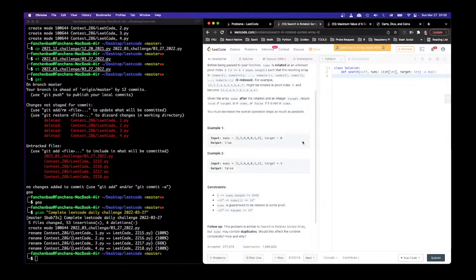How do we binary search? We want to find out where the pivot is. Not necessarily find out the pivot, but we find a middle, right? And the middle we compare to the left and right. If it's larger than the left, then it belongs to the left hand side. Smaller than the right belongs to the right hand side.